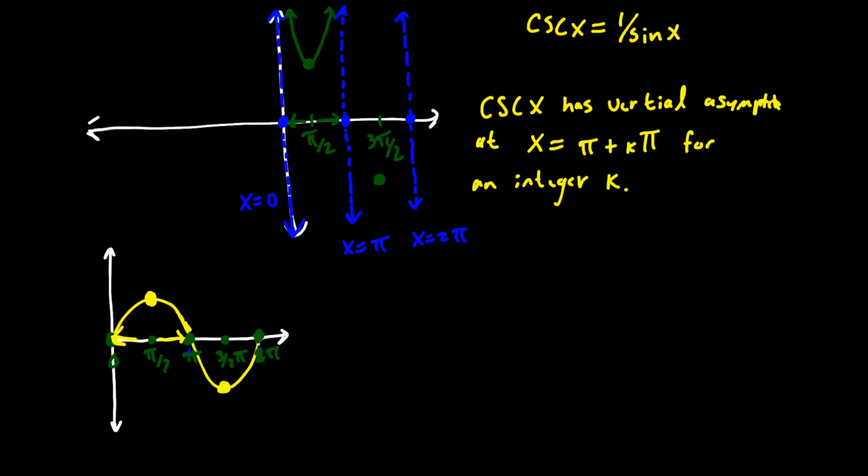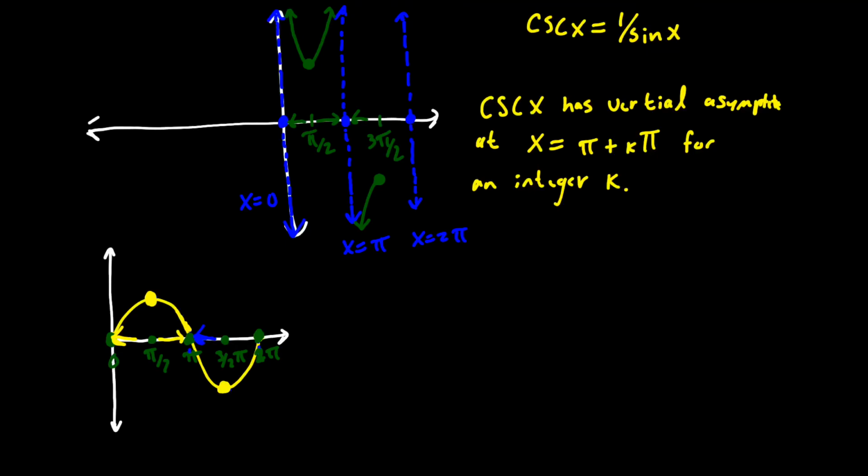Again, if we approach pi from the right-hand side on our graph of sine x, we're still approaching 0, but this time our numbers are negative numbers that approach 0. So that means that as we approach pi from the right-hand side of our cosecant graph, our y values are getting exponentially negative.